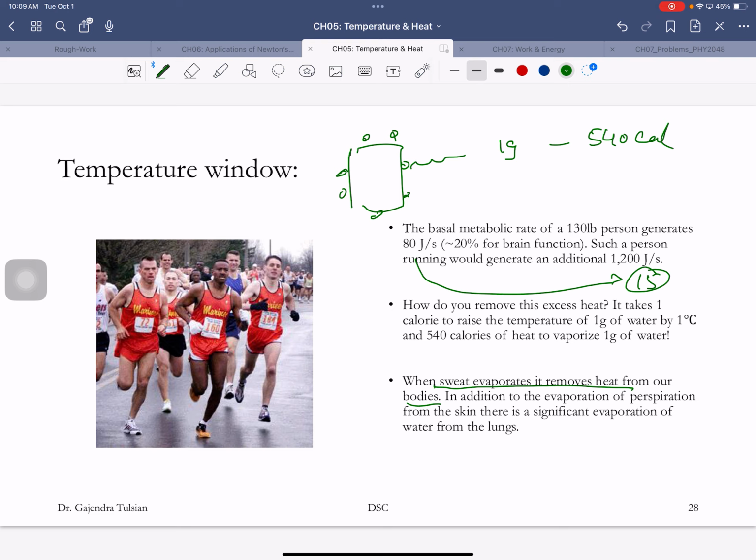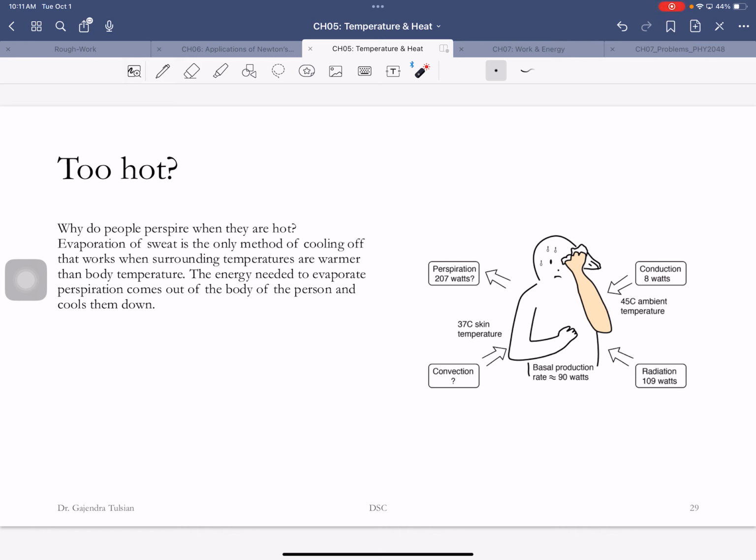You have to get rid of this heat. This is what your body is producing, because this is warmer than your temperature. Heat is being conducted into your body. You're getting heat via radiation. So you're producing this much heat, you're getting this much in radiation. This is conduction, and this is hard to calculate, so you're getting convective heat as well.